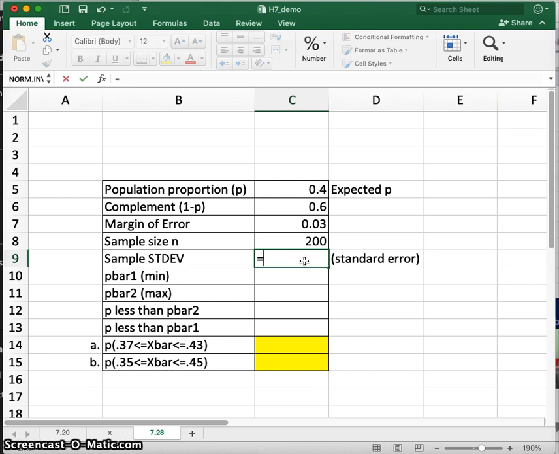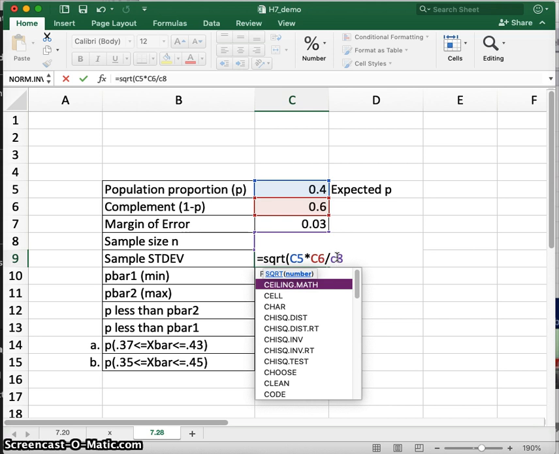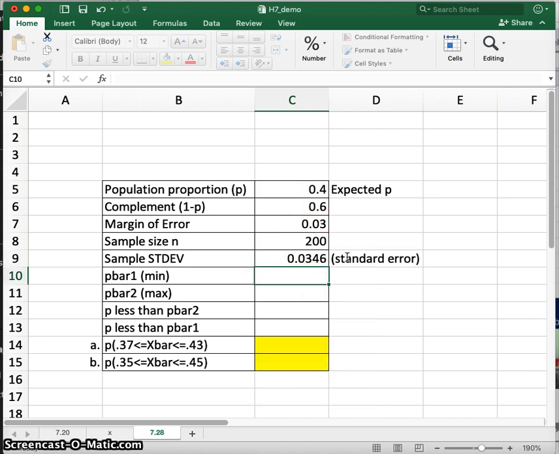It's just the square root of p times 1 minus p divided by n, which is the sample size. Okay, so 0.0346, that's our sample standard deviation, or our standard error.